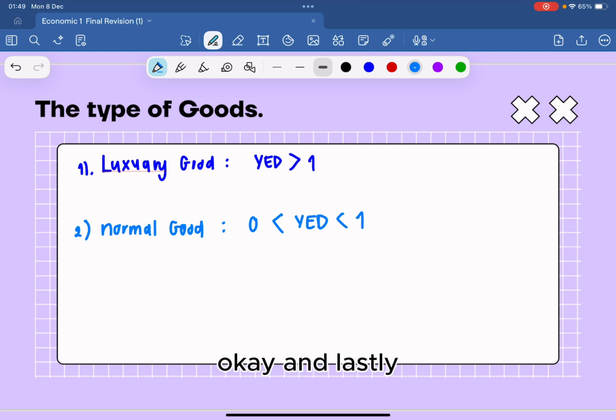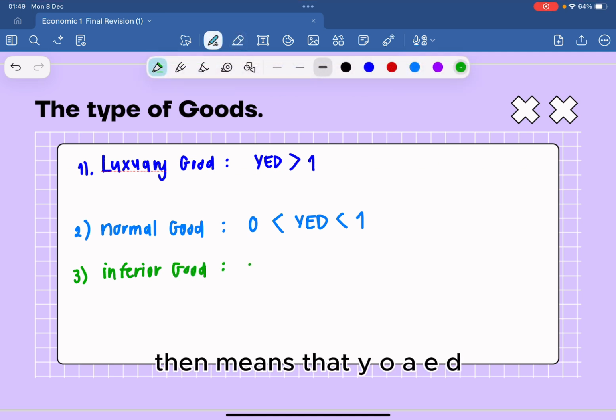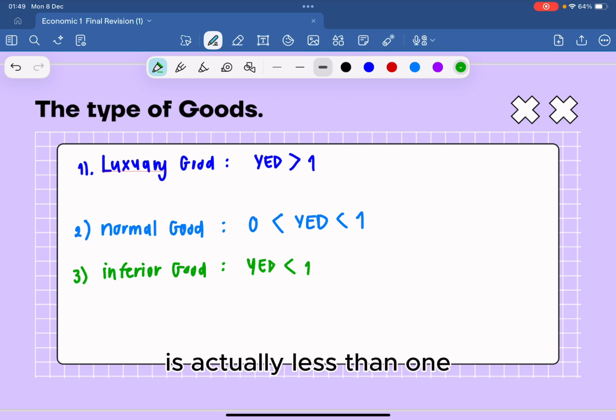Okay. And lastly, if it's an inferior good, then your YED is actually less than 1. Okay.